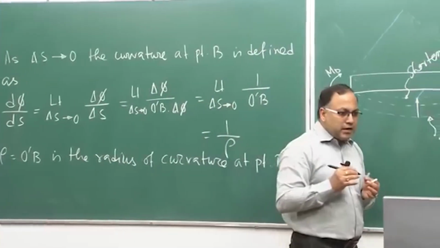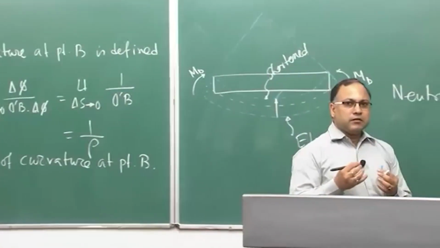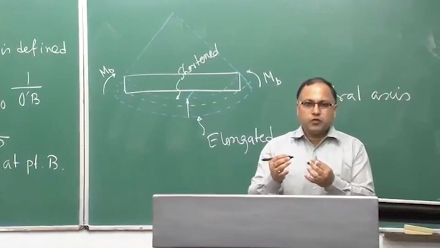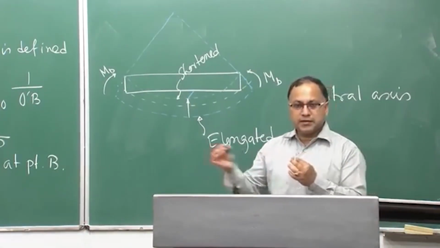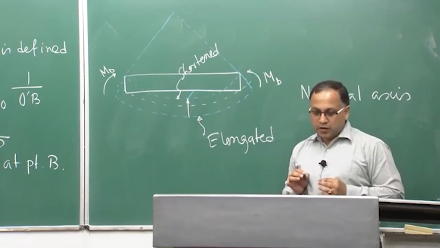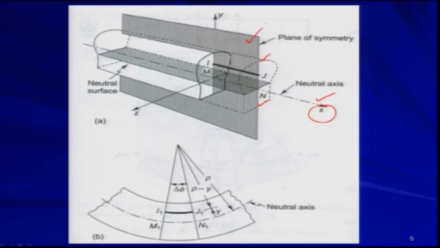We are just saying that we are forcefully making the x axis the neutral axis. Okay, and this is your plane of symmetry, fine, this is your plane of symmetry.